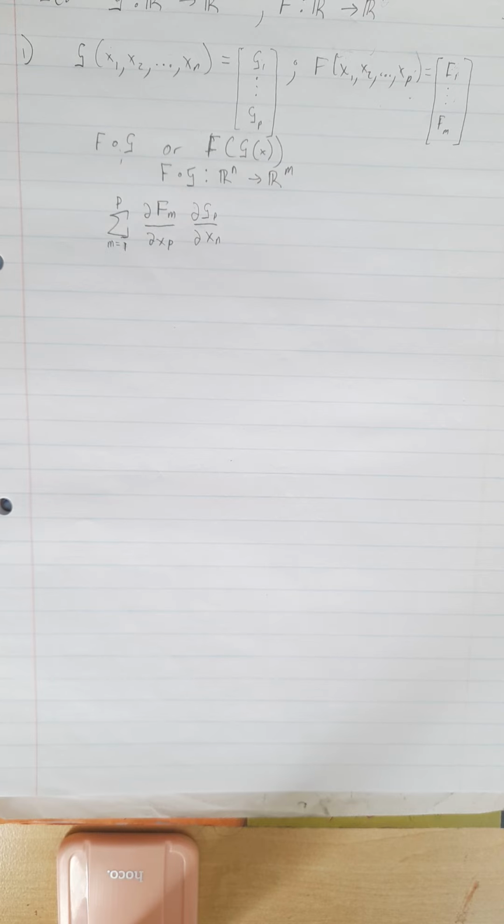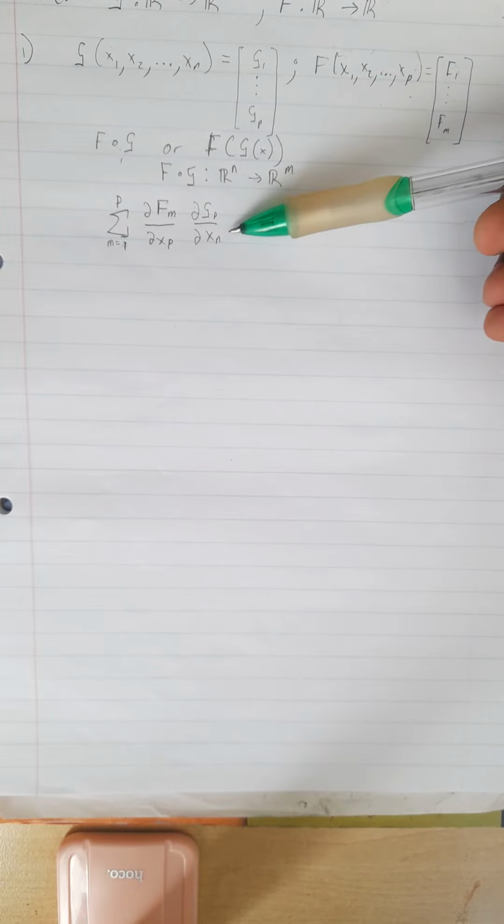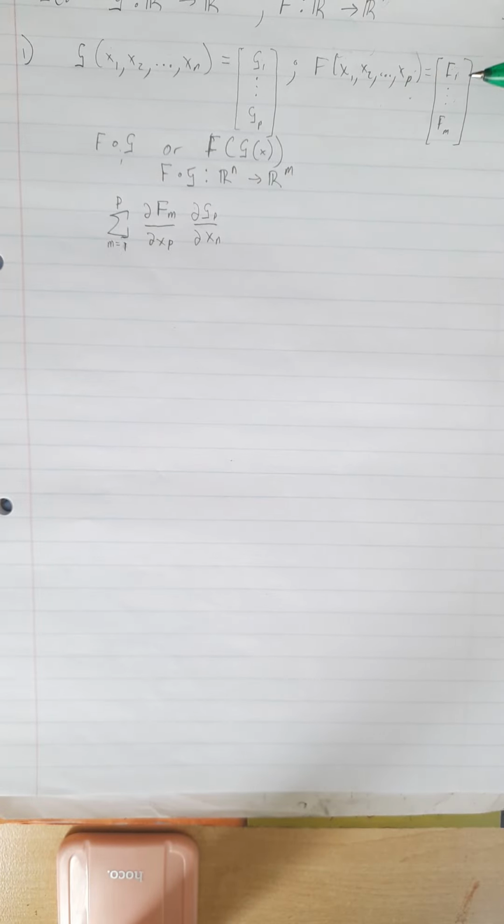Now there are certain function evaluations at this, but we'll put that in last. But I do hope that you understand this. Here we're taking the partial derivative of f1 with respect to x1 up until fm with respect to x1. Then we're going to f2, taking the partial derivative with respect to x1 up to xp.